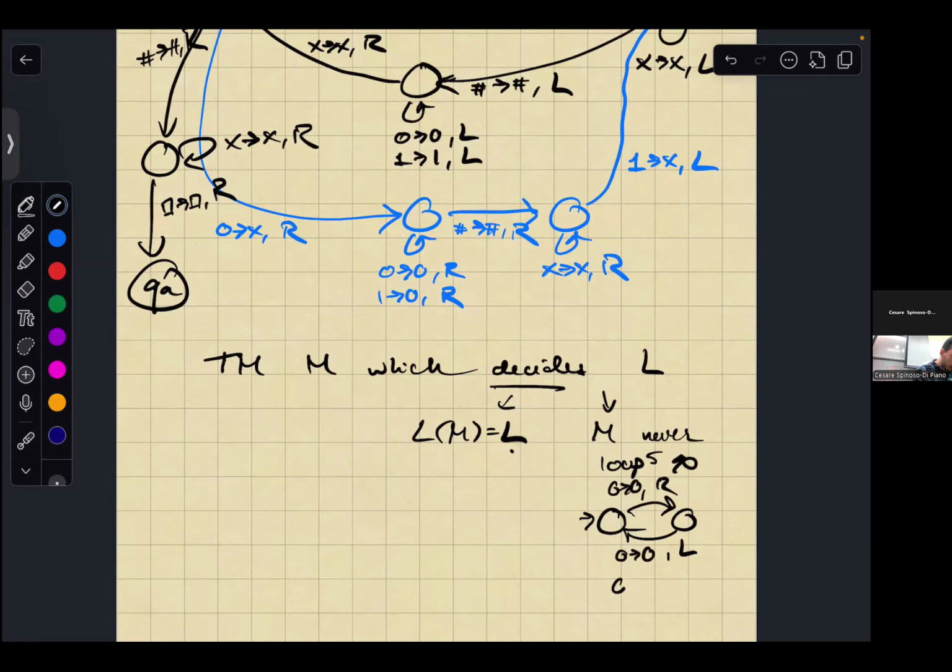So if my input was, let's say, 0, 0, hash 1, 1, then the machine loops forever because it reads the 0, it moves right, it sees a 0, moves left, it sees a 0, moves right, left, and it goes on forever. So essentially, by decide, I mean you never have something like this.